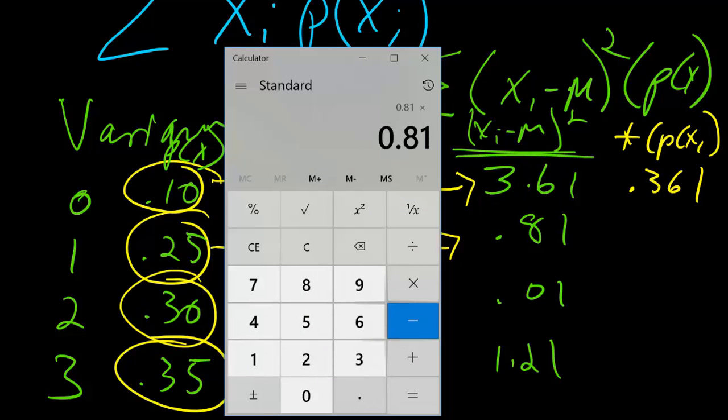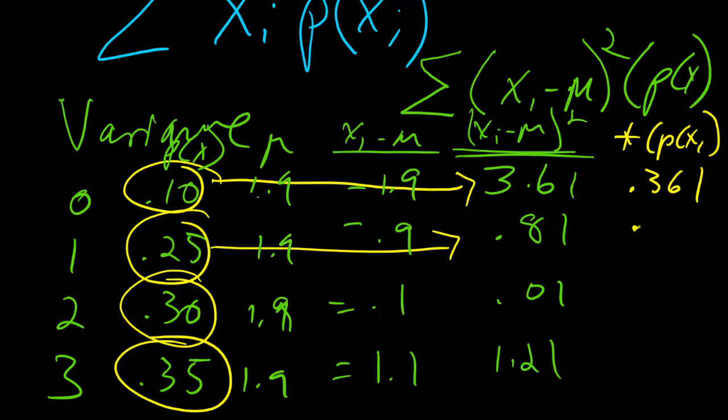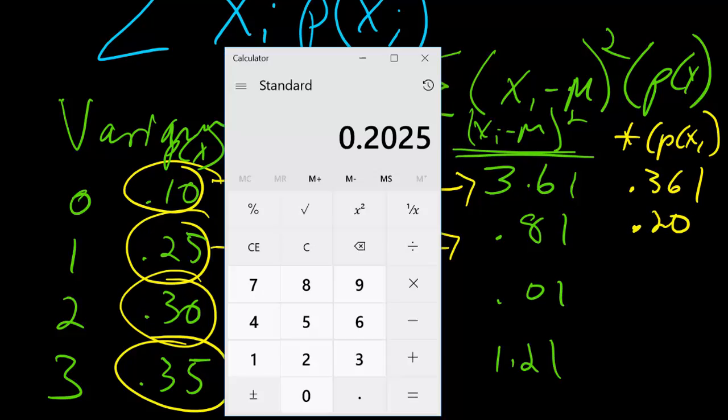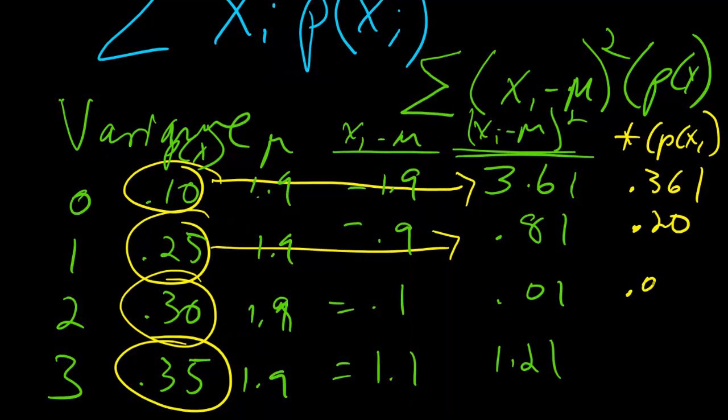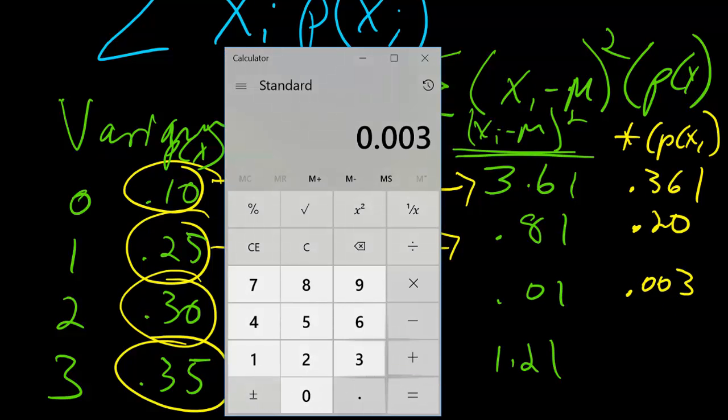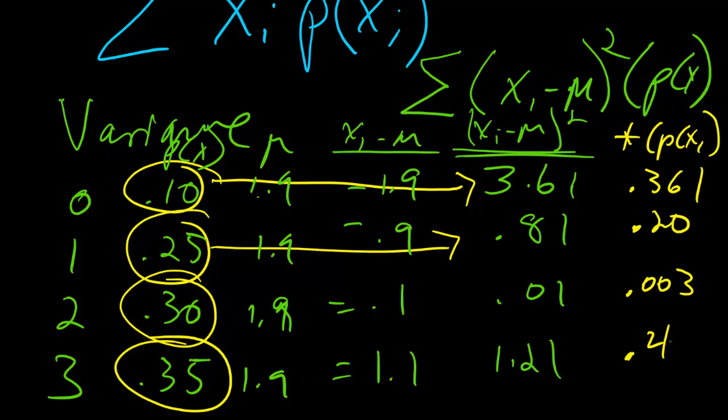0.81 times the probability of that particular observation, 0.25, is 0.20. 0.01 times 0.3 is equal to 0.003. And finally, 1.21 times 0.35 is equal to 0.42.